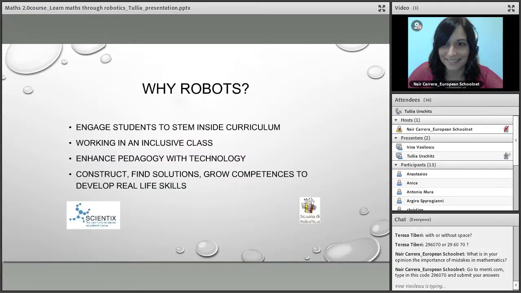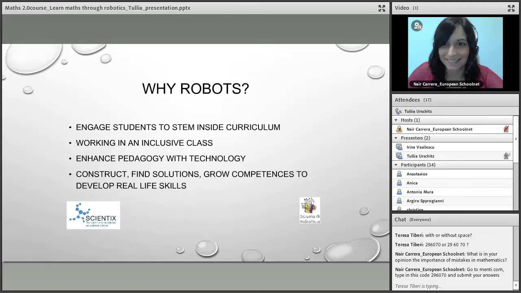Robots are very good when you work in a math class, but not only in that one, to engage students, to work in an inclusive class, so to involve all the students, also those with some learning difficulties. It combines technology with pedagogy, so it's not just something for fashion.